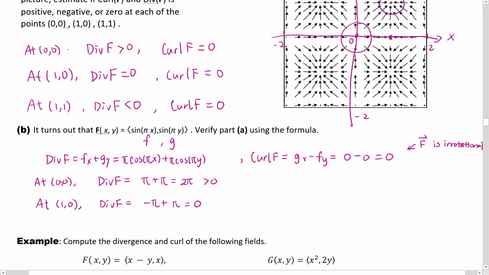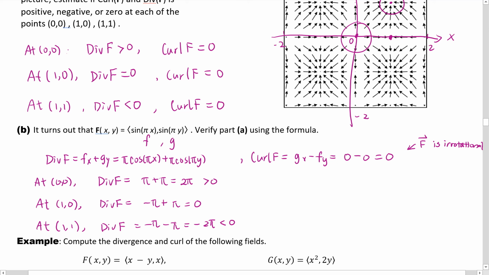You see, they cancel out. We actually get 0. And at the point 1, 1, cosine π is negative 1, cosine π is negative 1. So we indeed get a negative divergence. It matched our guess. So far, so good, everybody. Do you have the same answer?